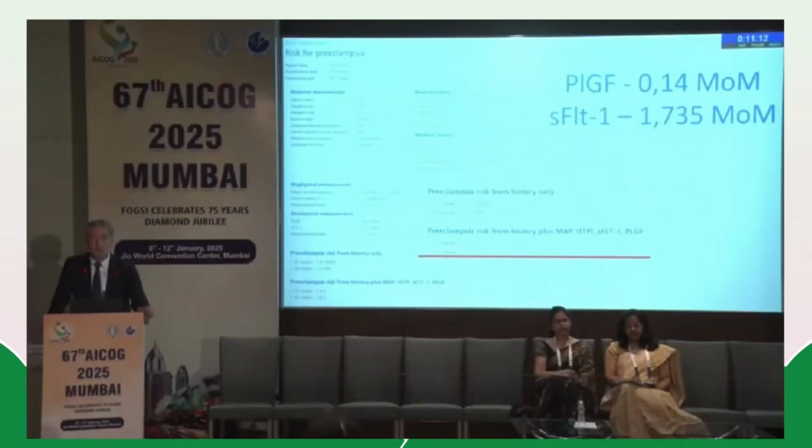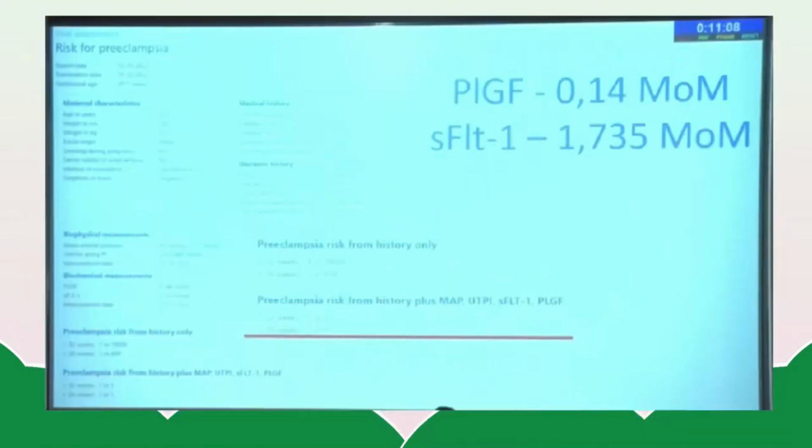So according to Nicolaides' algorithm and the Fetal Medicine algorithm, we performed all of the options. This means additionally mean arterial pressure and 2 biochemical markers, PLGF and sFlt. And look at the results: PLGF really low, and the second, sFlt, really high.